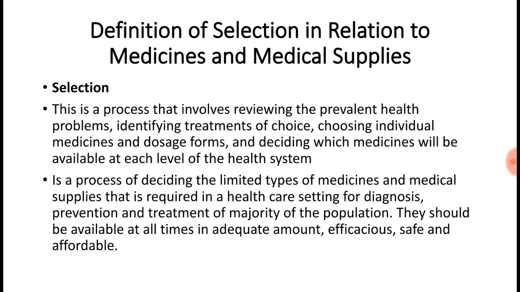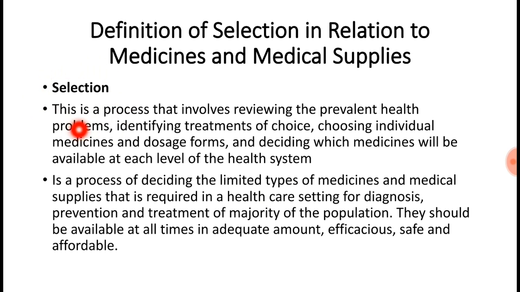So we are here as pharmaceutical personnel kwa ajili ya decide, select which kind of medicines and medical supplies should be found or should be used for certain health problem. So those medicines and medical supplies or whatever may be used for either diagnosis, prevention and treatment of majority of population.